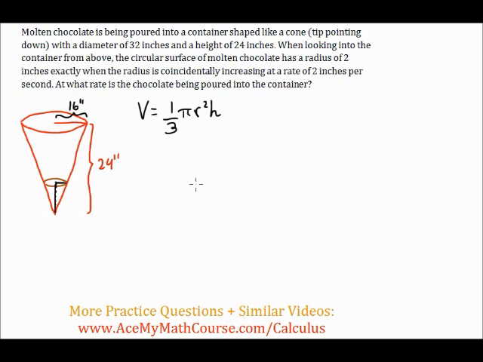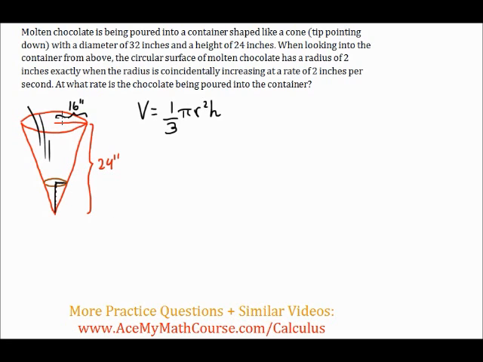If you haven't, I would suggest that you pause the video and read it, for your own benefit, of course. So, okay, we have chocolate being poured into a container shaped like a cone.